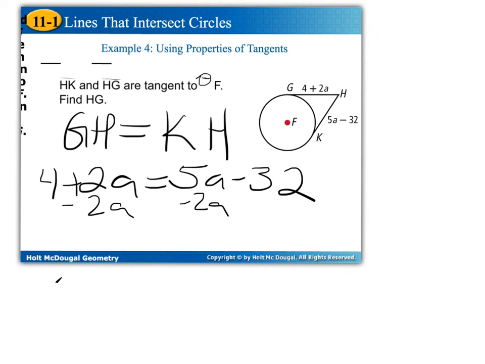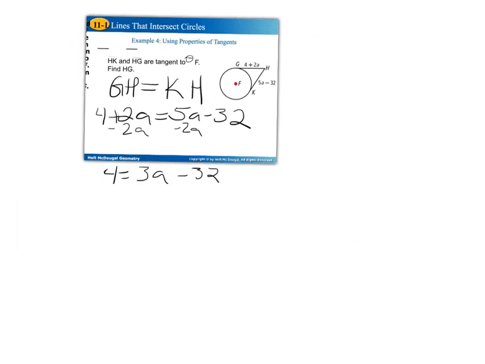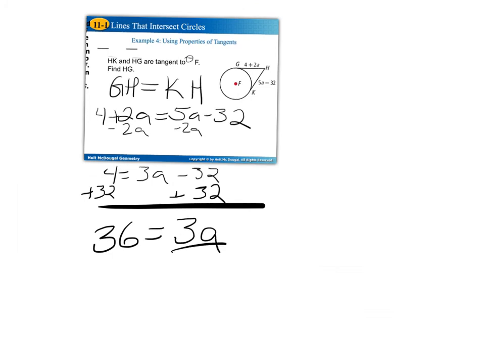I get 4 equals 3a minus 32. Add the 32 to both sides. I get 36 equals 3a. Divide out the 3. And I get 12 equals a.